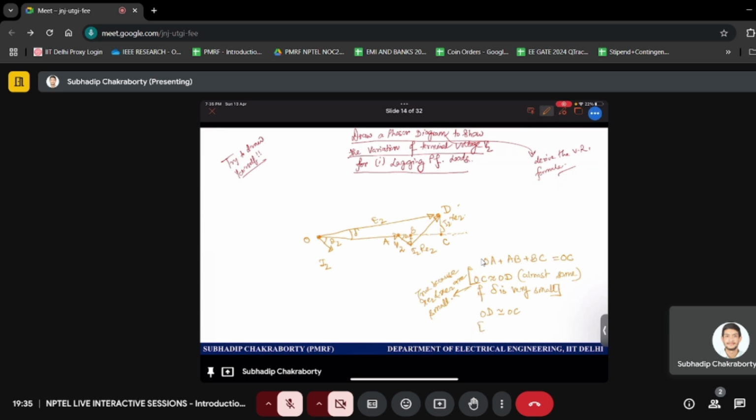So OD is what? E2. E2 can be assumed to be OC. And OC is what? This OA plus AB plus BC. And what are OA plus AB plus BC? You can write it as V2, lengthwise I am telling, plus AB is I2 RE2 cos theta 2 plus BC. So this angle is also theta 2. So BC can be written as sine theta 2, right?